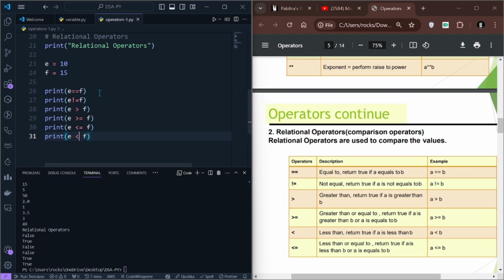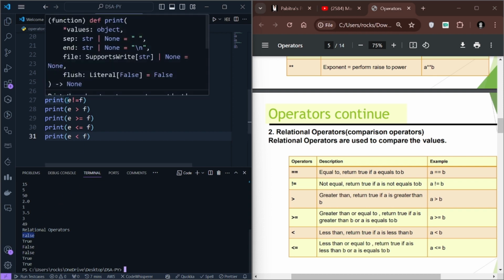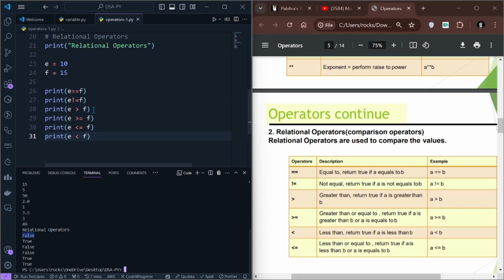Here you can see that the first operator, e is equal to f, returns false. Why false? Because 10 is not equal to 15, so it simply returns false. And then if e is not equal to f, obviously 10 is not equal to 15, so it's returning true.